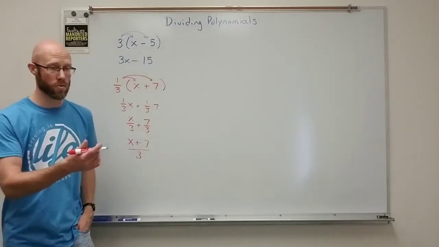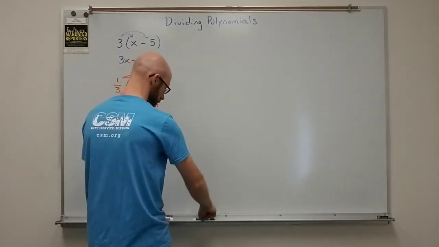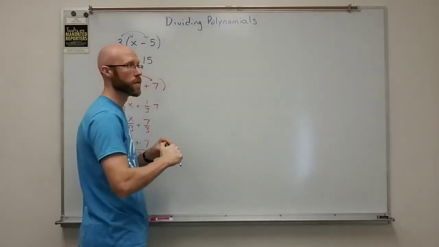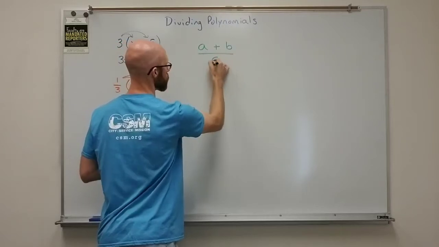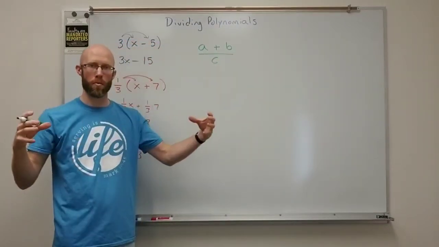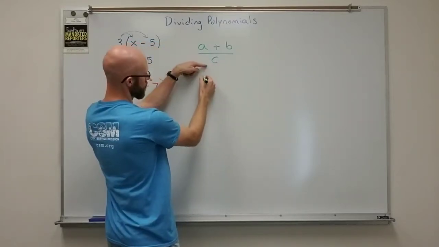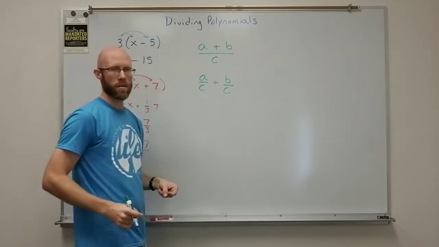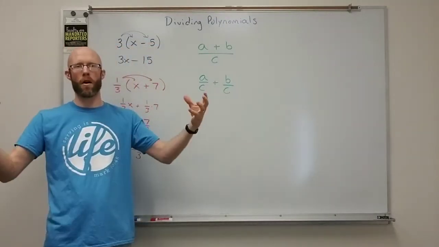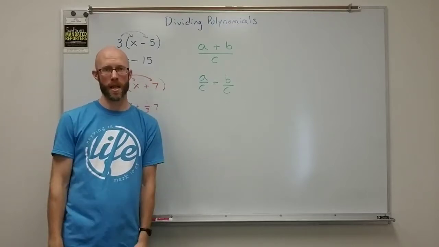So as a general rule then, if you have some expression that follows the format of something like a plus b all over c, you can separate it into two fractions with the same denominator, a over c plus b over c. So it's like pulling apart two fractions with a common denominator rather than putting them together.